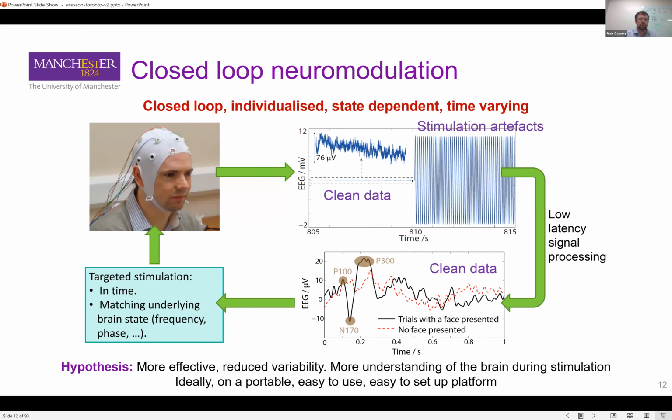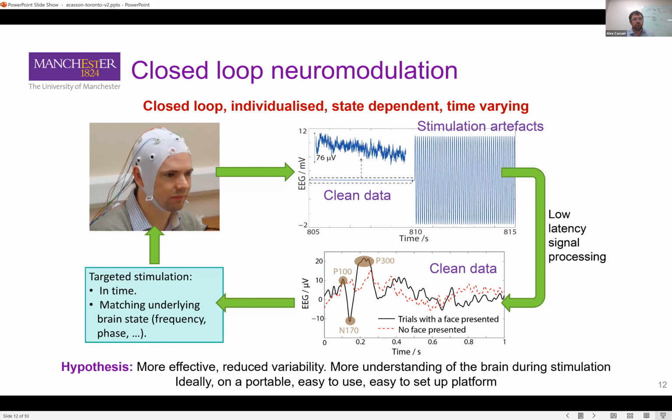And so there's lots of work looking at how we can measure biomarkers, biosignals, principally the EEG in this particular case, and use that to guide the stimulation that we want to do. And of course, ideally, we want to do that in a way that it can be portable, robust to artifacts, easy to use, and so on.